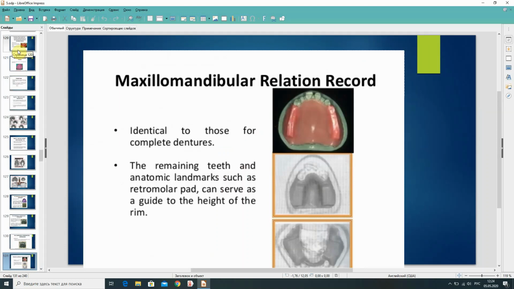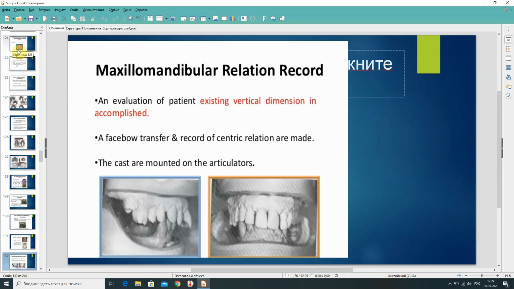Maxillomandibular relation record. Identical to those for complete dentures, the remaining teeth and anatomic landmarks such as the retromolar pad can serve as a guide to the height of the rim.